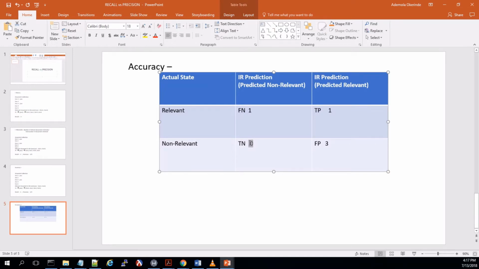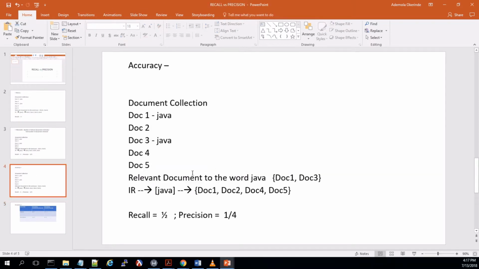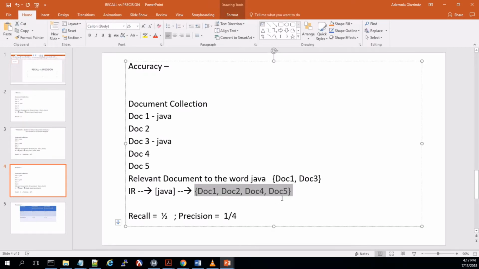You need to be very, very careful about calculating true negative. True negative means those that are not relevant and are not returned. They are not relevant and we don't expect them to be returned. So it's actually being able to avoid noise or avoid error.